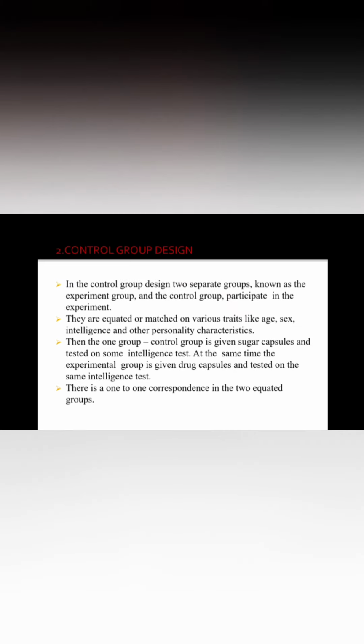And the second is control group design. In control group design, two separate groups are needed. The first one is the experimental group and the second one is the control group. Experimental group means the group of subjects who are exposed to all experimental conditions including the independent variable.